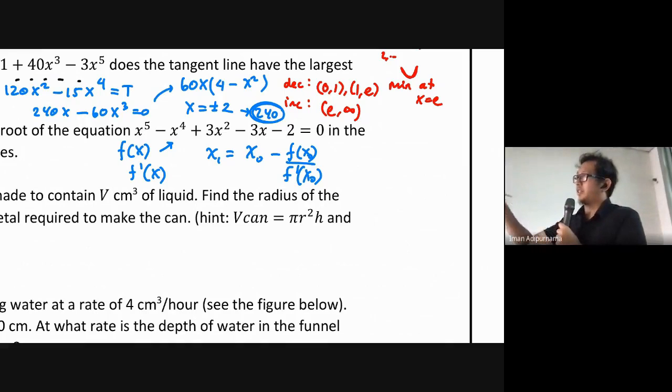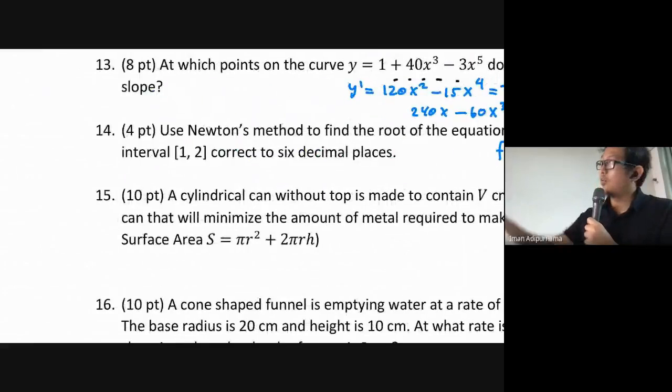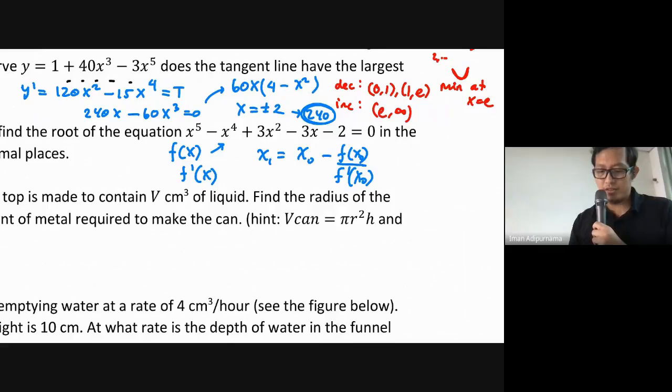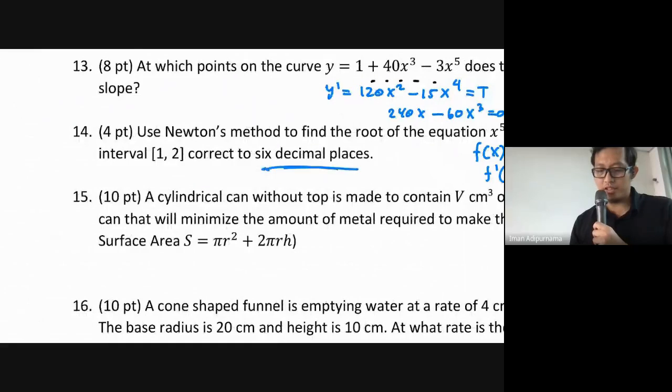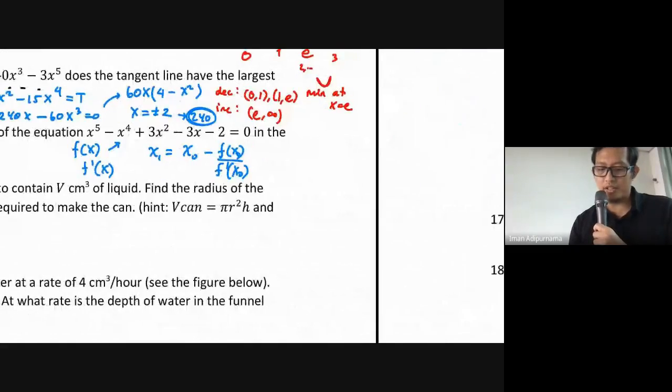So you just put in x0 based on the interval. This interval is 1, 2. Just start from 1 if you don't have any idea what kind of function. Start from 1, do some iterations, and you will have 6 decimal places after you get x4 or x5.